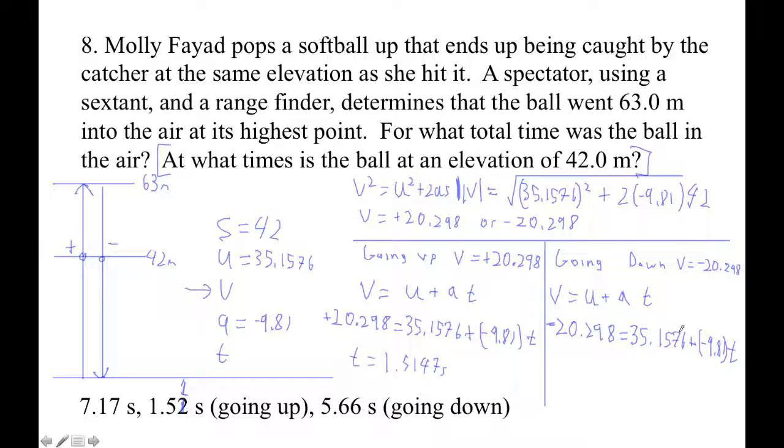Then you divide that by negative 9.81, and I'm getting 5.65299. So I actually get something that would be 5.65 going down. Okay, so you can do it this way. You can use the quadratic. It doesn't really matter.